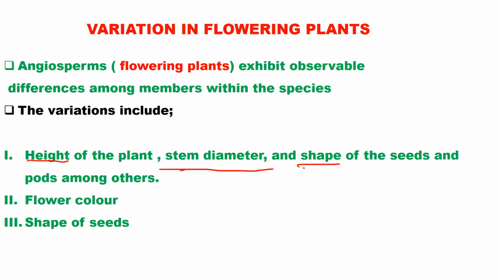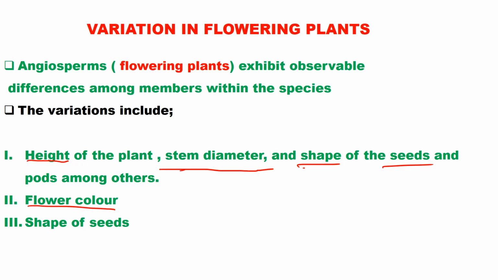Then shape of seeds. Of course, plants do not have the same seeds. If you talk of seeds, they differ. Others are small, others are big, others have pods. So different seed types also show variation in plants. Then the other one that we can talk of is flower color.